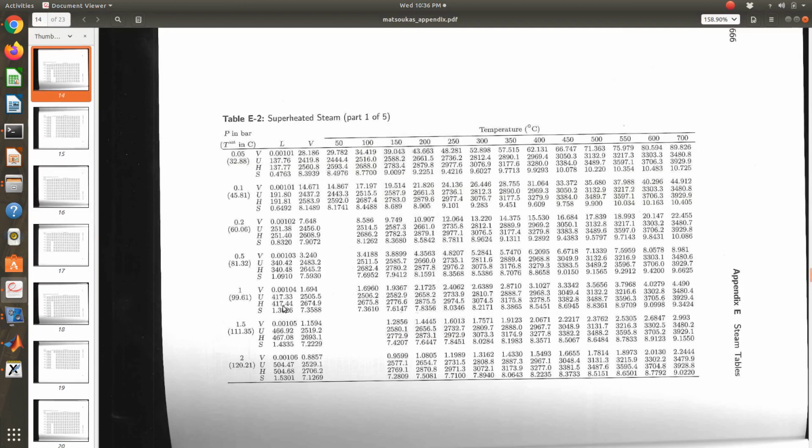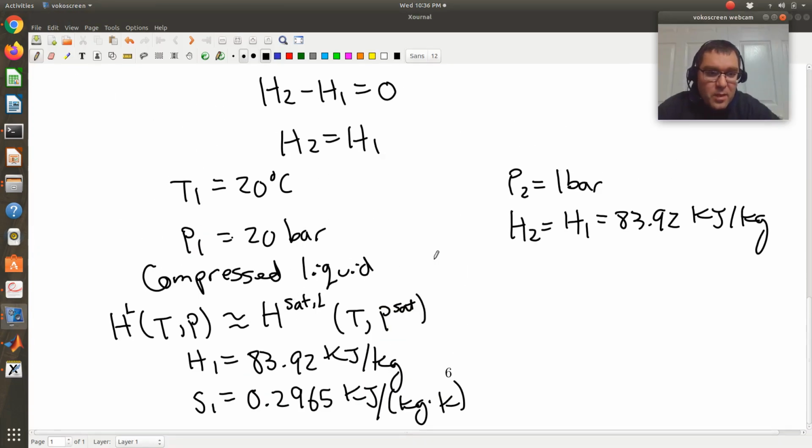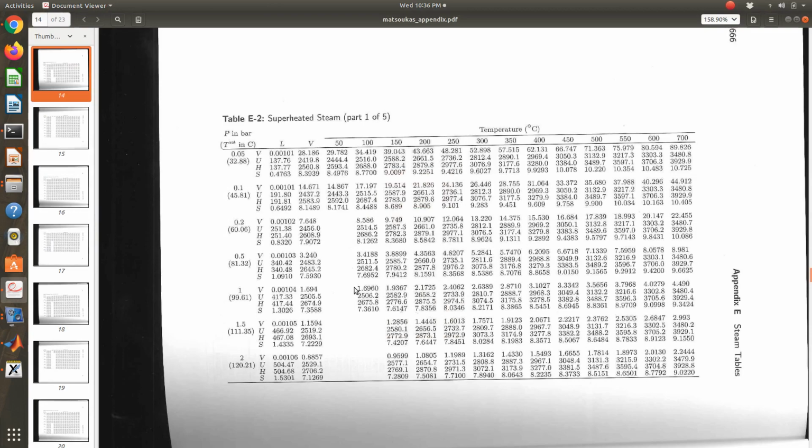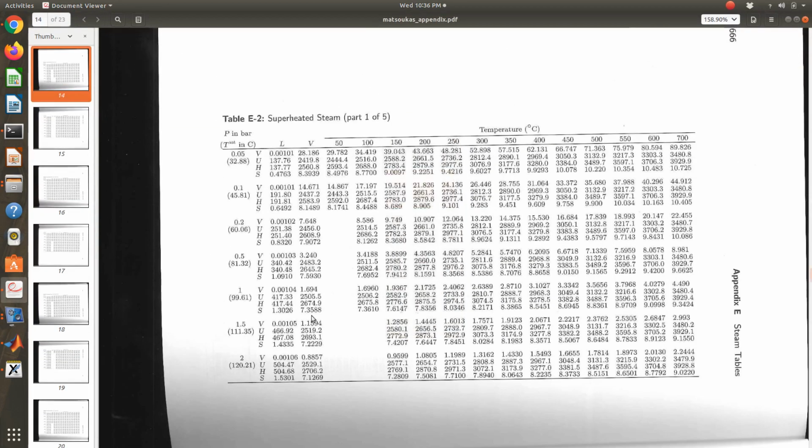And we are off the charts, right? The enthalpy of my liquid begins at 417.44. At 1 bar, the corresponding saturation temperature is 99.61.